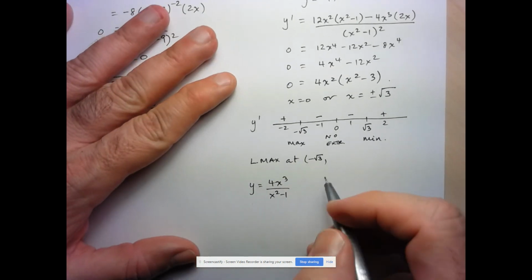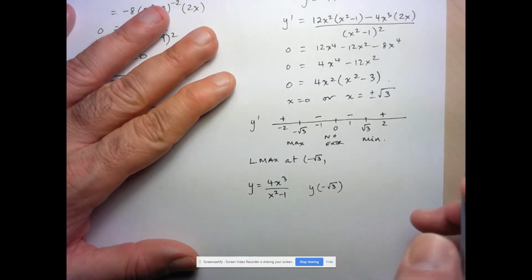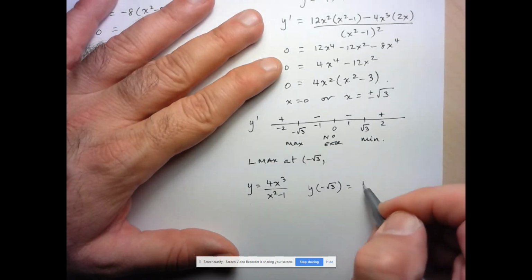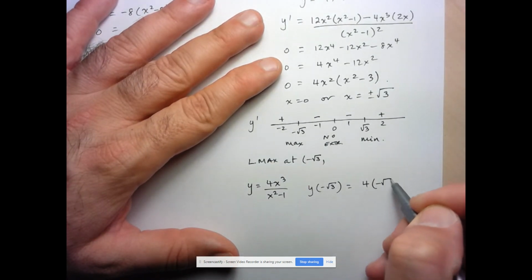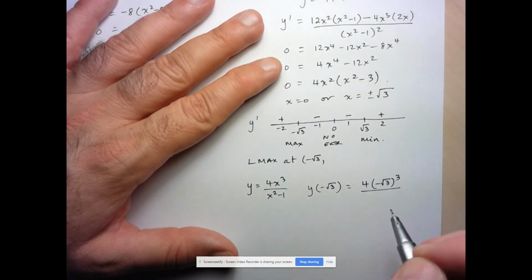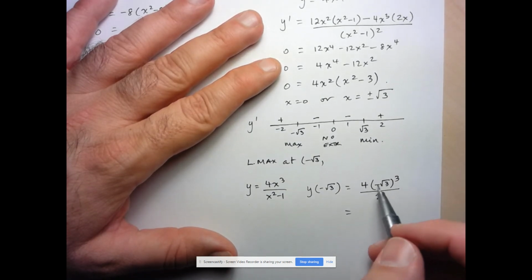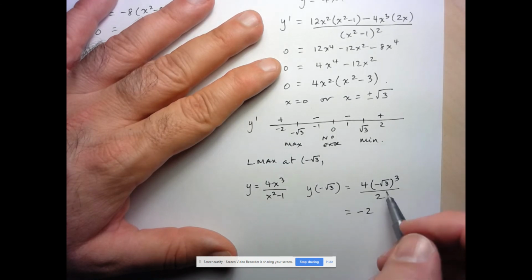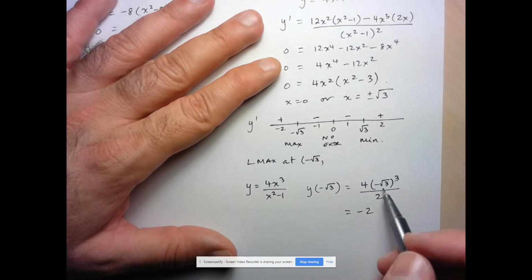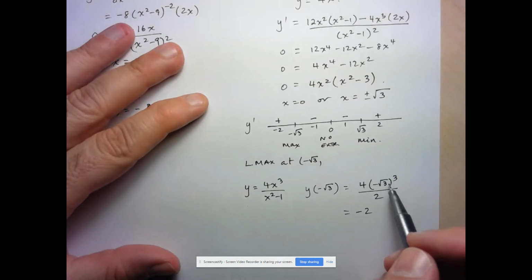Okay, just a reminder. So here, if I'm looking for y at negative root 3, let's see what this gives me. This gives me 4 times negative root 3 cubed over negative root 3 squared, which is 3, minus 1 is 2. So this part I have negative 2 times, and I'm just going to rewrite the square root of 3 cubed.